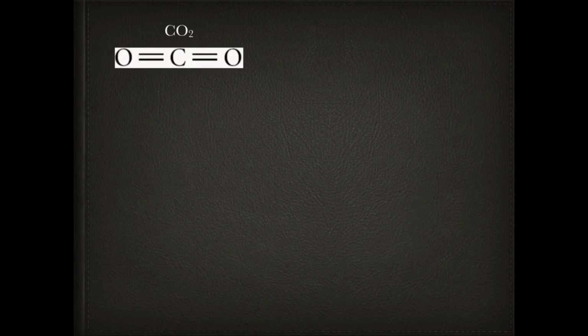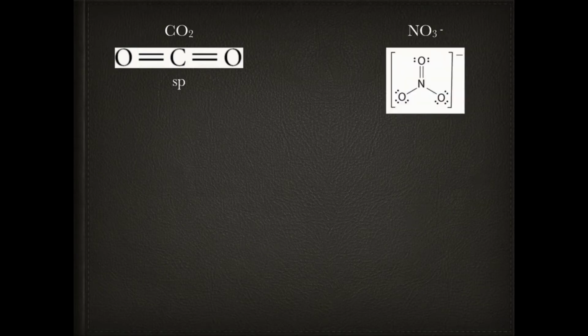So if I have carbon dioxide, the first thing that I need to do is I need to draw out the Lewis structure. So it would look like this with 2 double bonds. Okay. Notice I have a total of 2 electron domains because remember, each double bond is going to count as 1 electron domain. So I have 2 electron domains, which tells me that my hybridization for carbon dioxide will be sp. If I have NO3 minus, when I draw this out, I only drew one version of this.